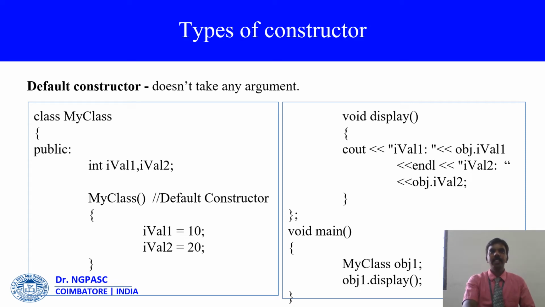So as we discussed in the previous slide, whenever an object gets created, a constructor will be invoked implicitly. So when obj1 gets created, the default constructor will be invoked implicitly, and the member variables ival1 and ival2 will be assigned the integer literals 10 and 20 respectively. In the next statement, we make use of the instance to call the member function display, which displays the values of ival1 and ival2.